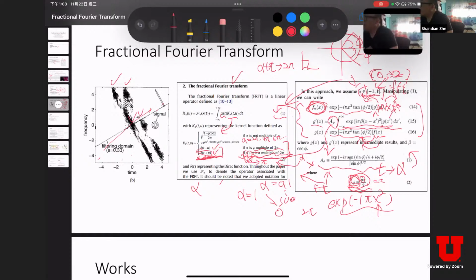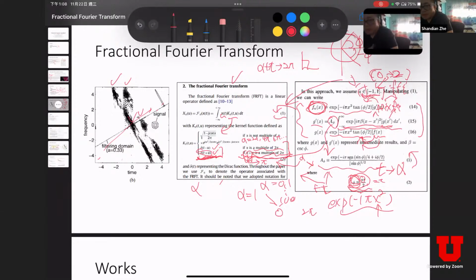Then I believe alpha corresponds to phi on the right, because it covers the case. Right? When phi equals pi, 3 pi, or 5 pi, or 2 pi.